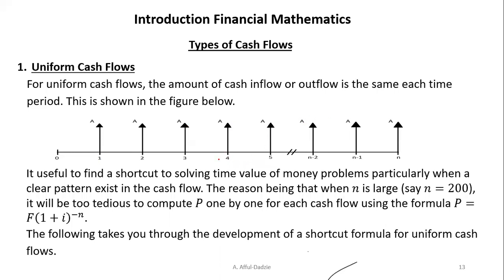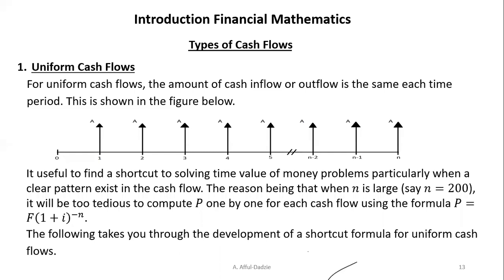Now, when we have uniform cash flows, they could be quite many. If you are asked to discount these uniform cash flows, and it is quite a few, maybe 5, 10, or maybe 20, it is okay. But when these cash flows become so many, life will become quite cumbersome. Imagine that you are to receive 10,000 cedis every month for 5 years.